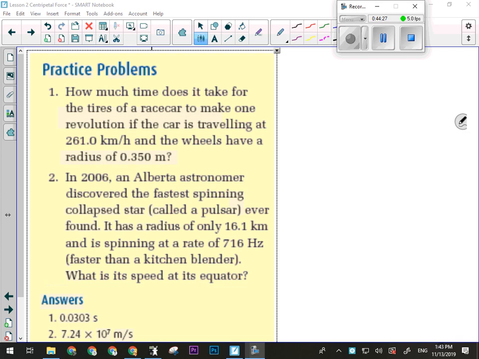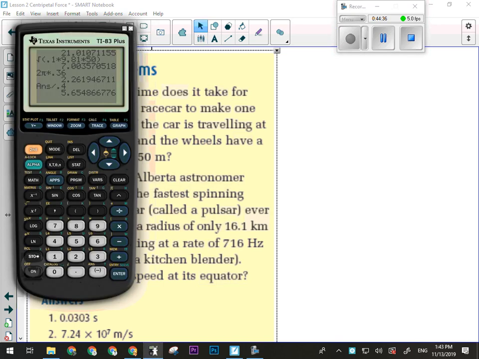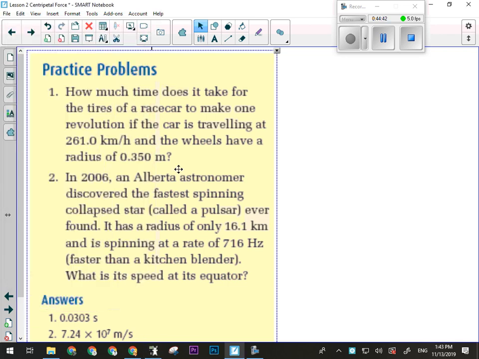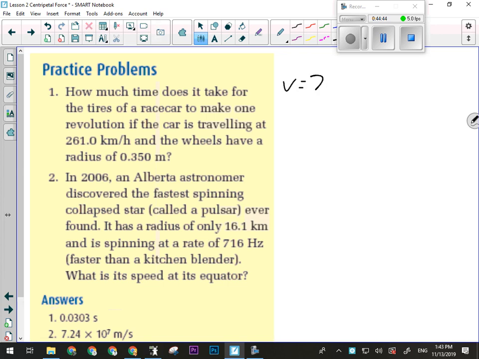So for our first one, like we said, the first thing we need to do is get the speed in meters per second. So we've got to divide our 261 by 3.6. All right, so now we've got our meters per second, 72.5. And we know that the radius is 0.350 meters. v equals 2 pi r over t.